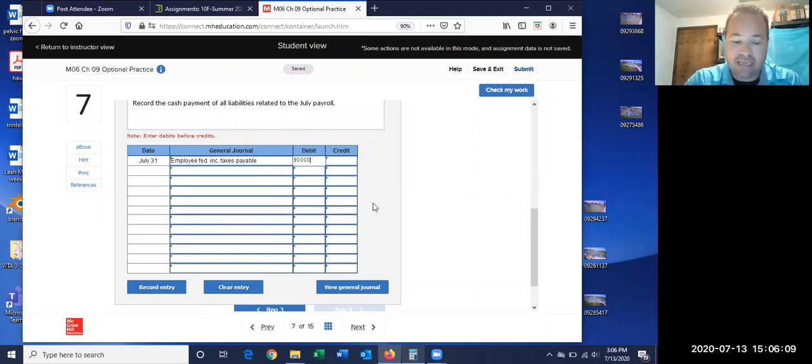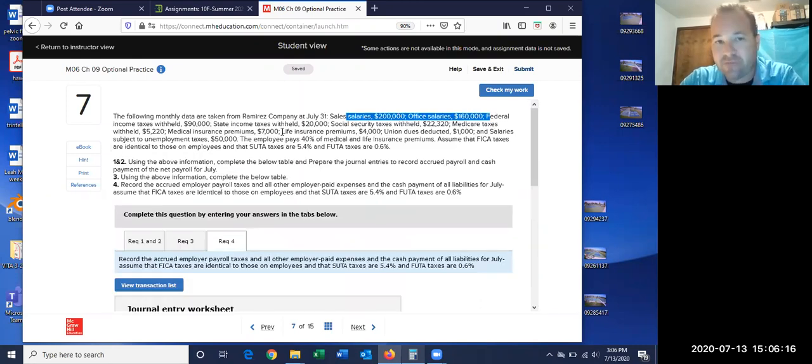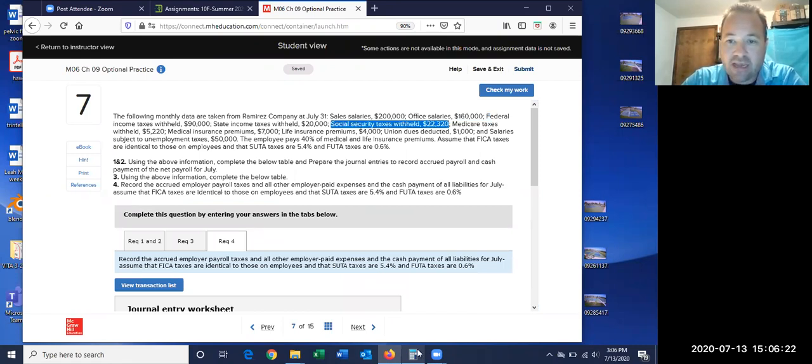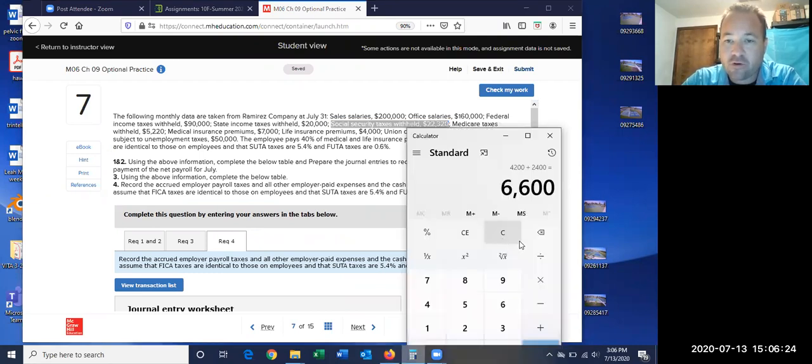That's not the case when I go to the FICA for Social Security. Because when I go to pay that bill, if I did the T accounts and I looked at my Social Security withheld, I'm going to see that I have $22,320 in there twice, once for the employee and once for the employer. So I got to take $22,320 and basically add it together. That's how much is in that T account that I need to get rid of.